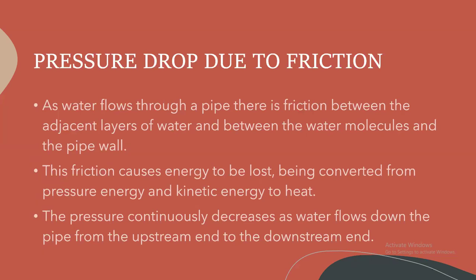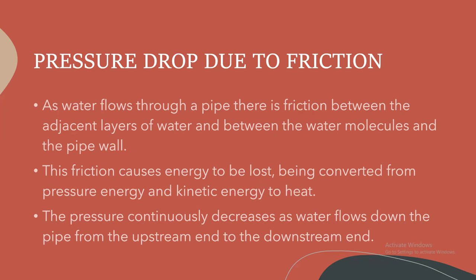This friction causes energy to be lost, being converted from pressure energy and kinetic energy to heat. So as the water flows along the pipe, there's energy loss. Since energy is conserved, energy is converted from one energy form to another, and I will show you as we go on with the presentation.